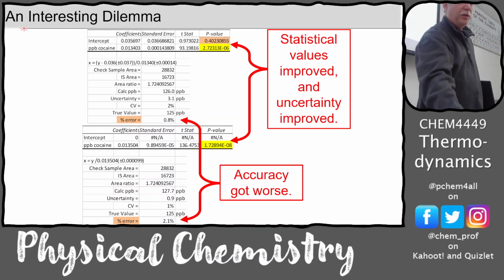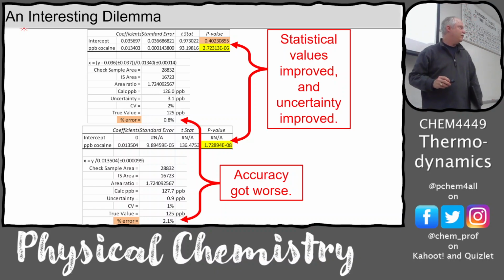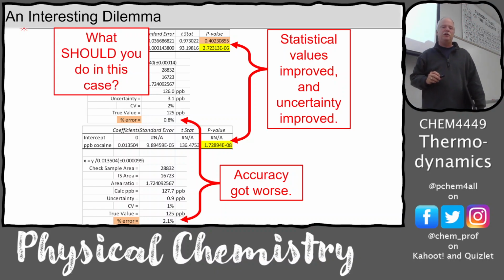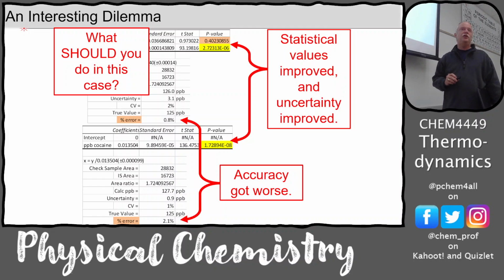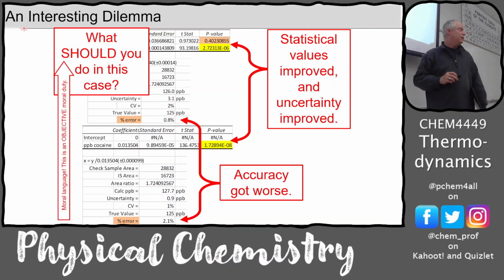So I'm using moral language. If you're not catching that, I'm saying which one should you use? That word "should" is a moral word, right? I'm saying there's a right and wrong here. We've really reached a point where right and wrong are important, and also there's practical ramifications to being on the stand. And if you're asked, why did you use the model that wasn't statistically defensible?